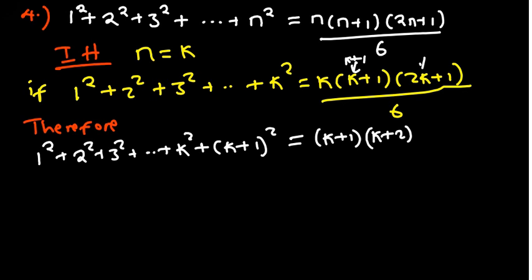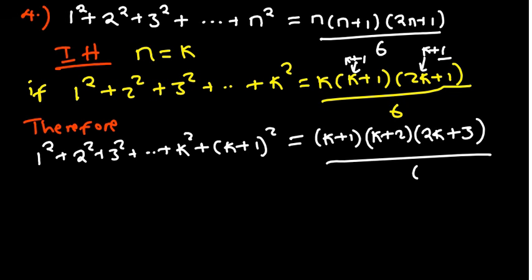Again, where we've got a k again, we'll put 2k plus 1. We'll put k plus 1, sorry. So if you put k plus 1, you multiply 2 times k, it will be 2k, and then you multiply by that other one, it will be a 2 plus a 1, it will be a 3 over 6. So there we are now.